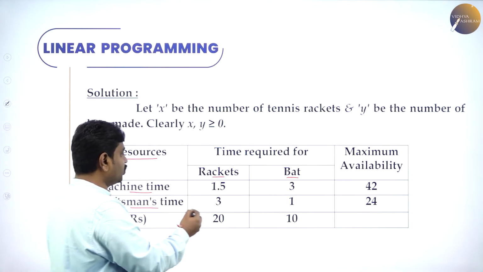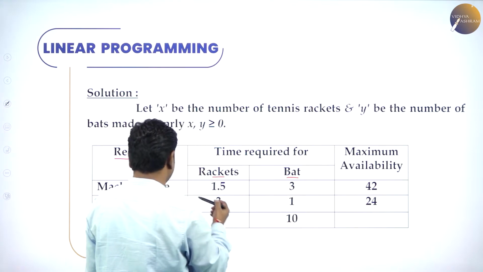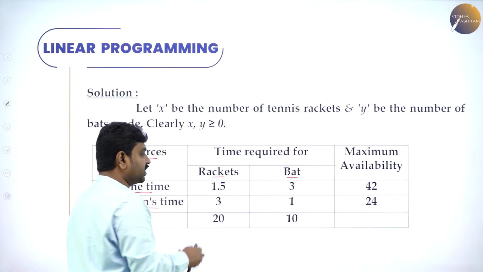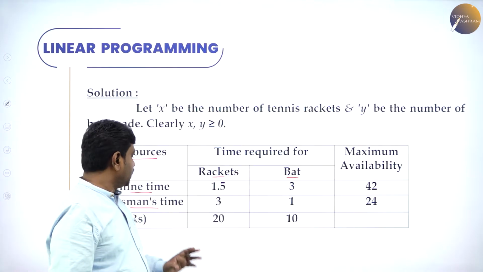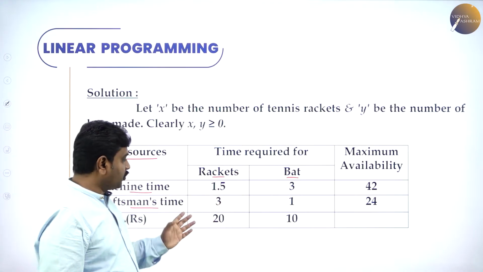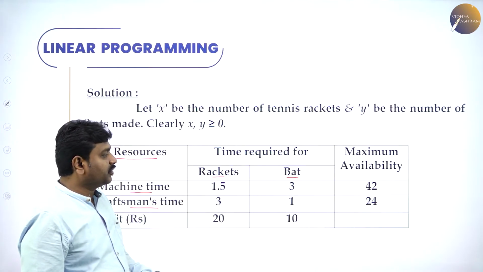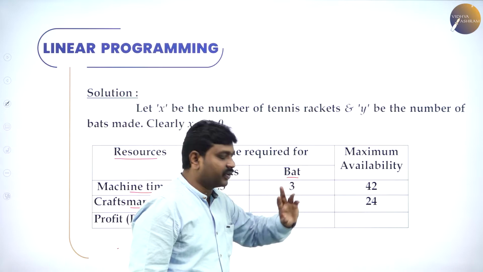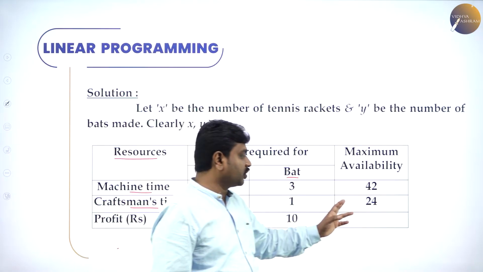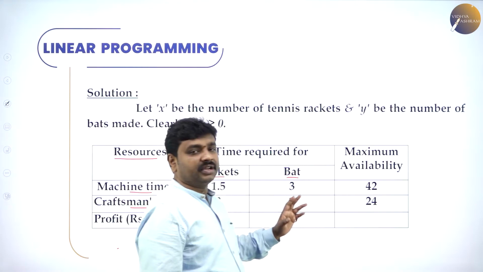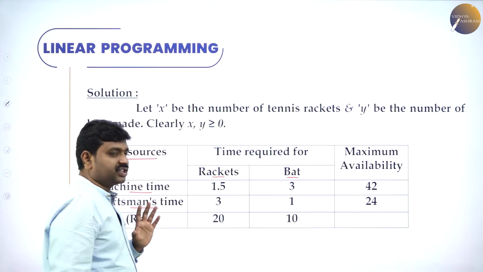And same thing they told, a bat requires 3 hours of machine time and craftsman time for bat is 1 hour. And profit per bat is 10 rupees, profit per racket is 20 rupees, and availability of machine time is 42 hours in a day, and 24 hours for craftsman time. This is the availability they mentioned.